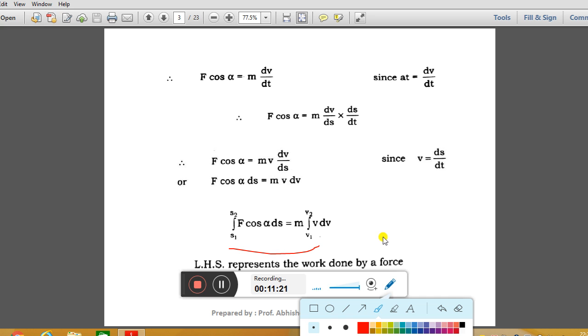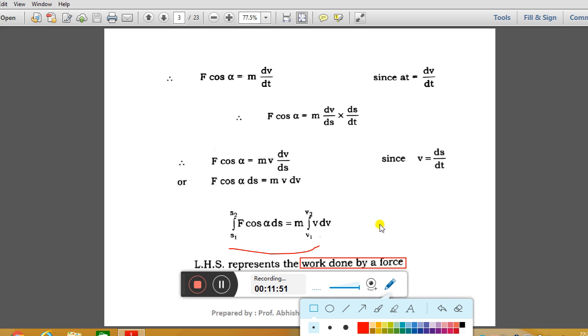Now what does this indicate? The left hand side indicates the work done by the force. What do we mean by work done by the force? The work done by the force is nothing but the product of the force and the displacement in the direction of force.